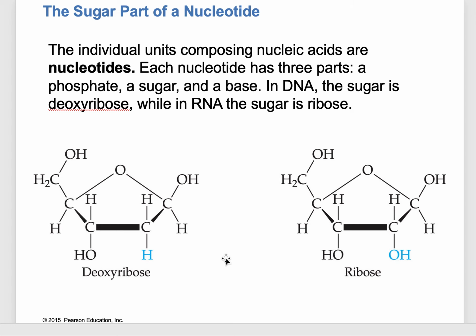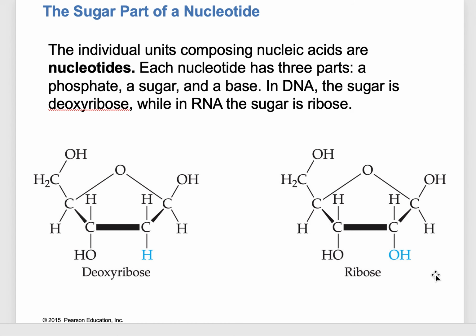In DNA, we have deoxyribose sugar. These are monosaccharides. Now in RNA, we have ribose sugar. Notice the difference is the OH. In deoxyribose for DNA, there's no oxygen. That's what we call deoxy, meaning missing the oxygen.